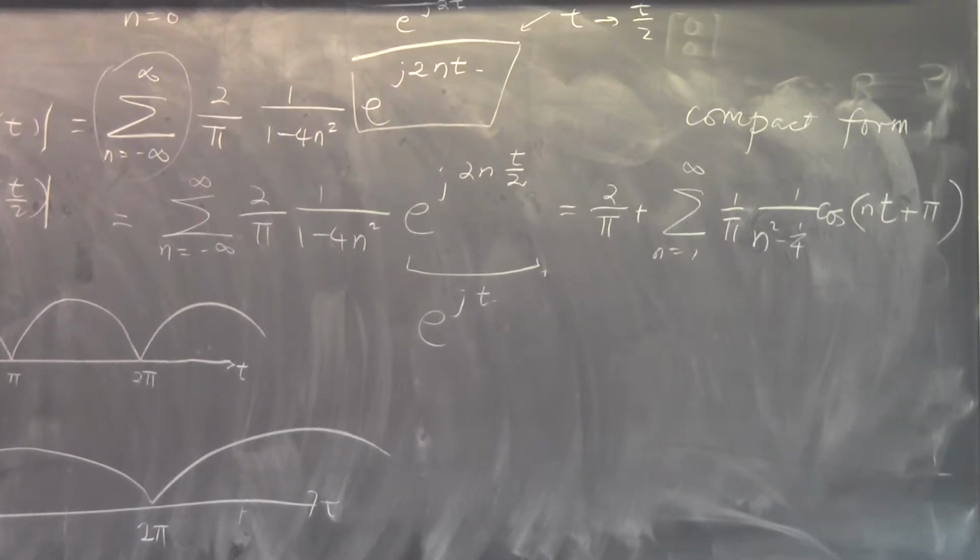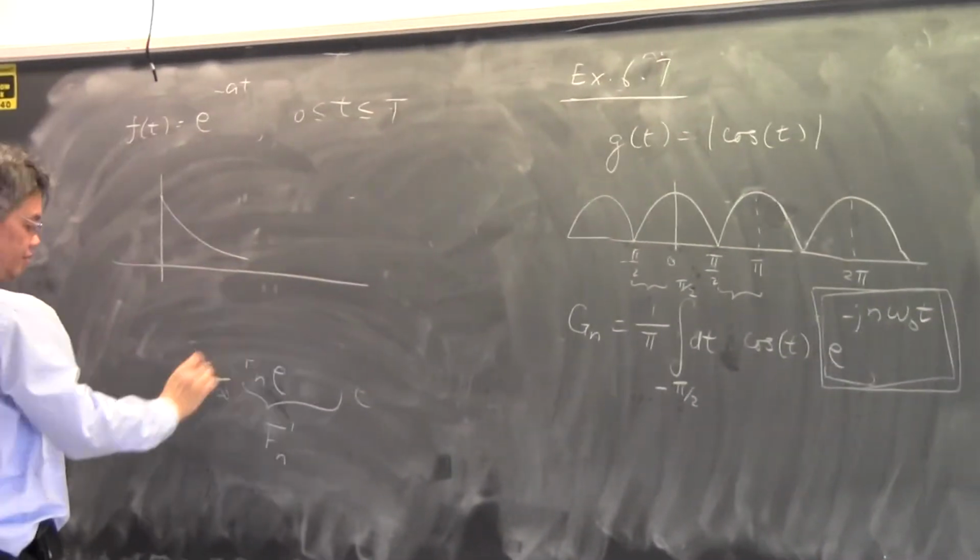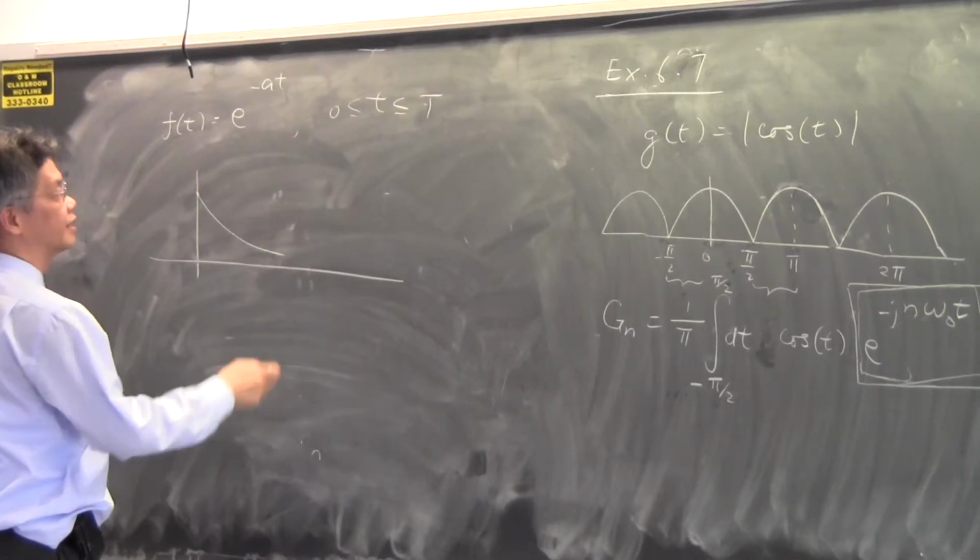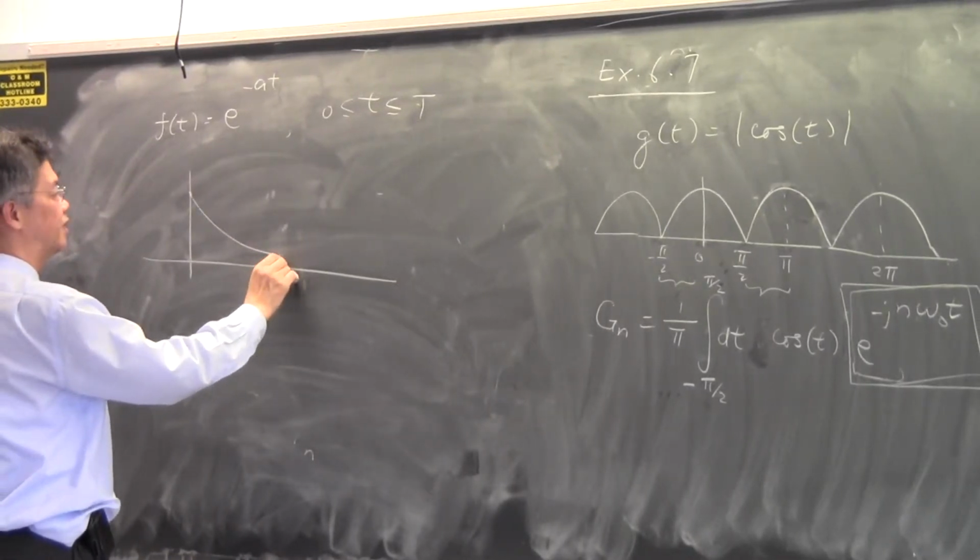And if you have f of t such as this one over here, what do you do? F of t looks something like this: e to the minus at for t less than T. And how do you find the Fourier coefficient of this one? Well, you can plot this function. It looks something like this. It goes to 0, doesn't go quite to 0 yet at time T. And then it repeats itself.